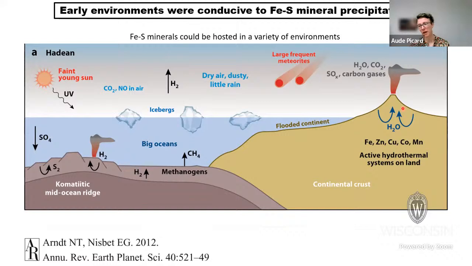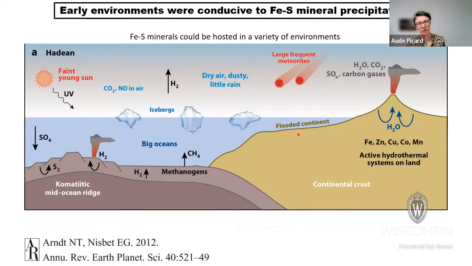So we have the active hydrothermal systems, on land or in the deep sea, that were releasing a lot of metals that could precipitate with sulfide. And although the concentration of sulfate was much lower than in modern times, we still had sulfate, and potentially elemental sulfur, that could be biologically reduced to produce sulfide.